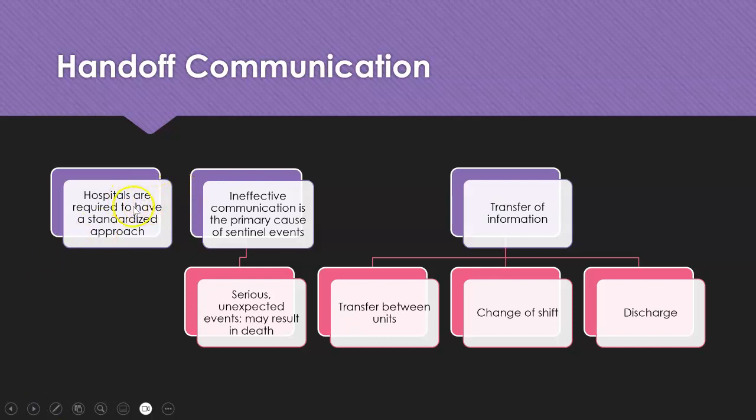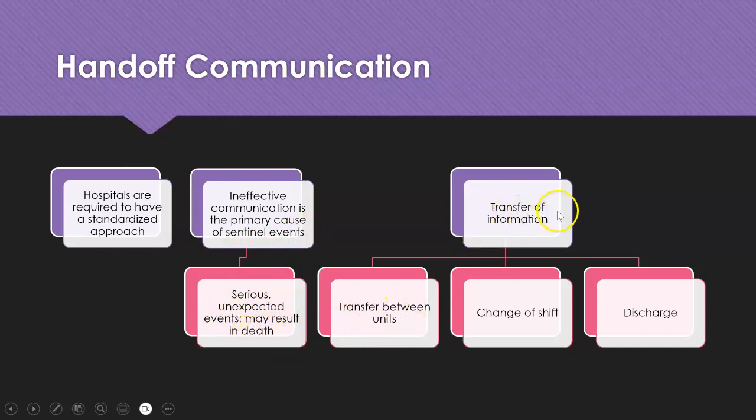So, hospitals are required to have a standardized approach. Ineffective communication is the primary cause of what they call sentinel events. So, mistakes and death, various things that happen. Serious unexpected events may result in death.